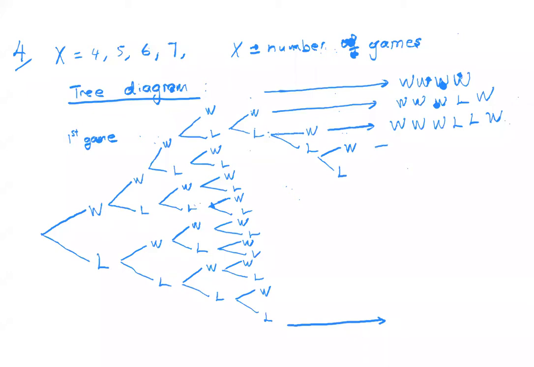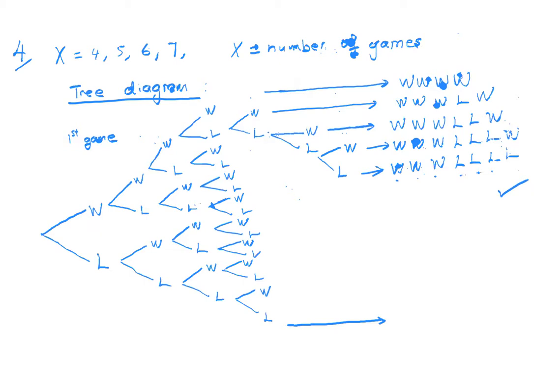This one will be win, win, win, loss, loss, loss, win. And this one also you stop. It will be win, win, win, loss, loss, loss, loss. So you play 1, 2, 3, 4, 5, 6, 7 games.